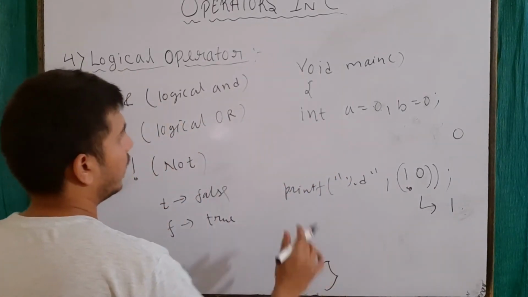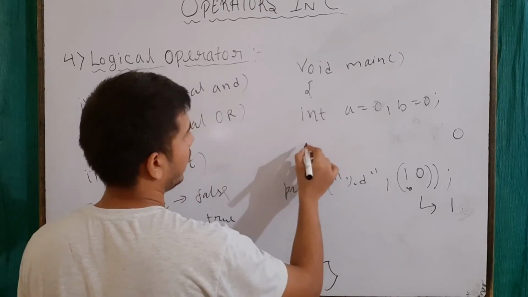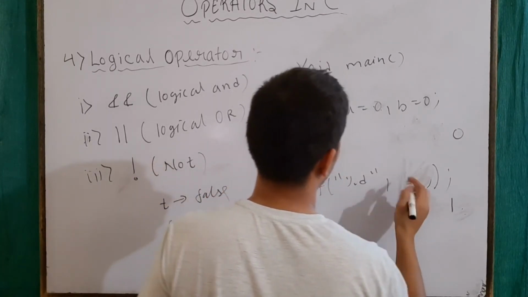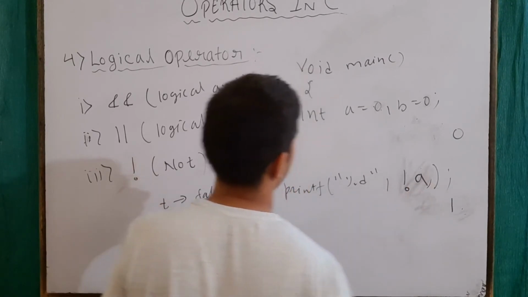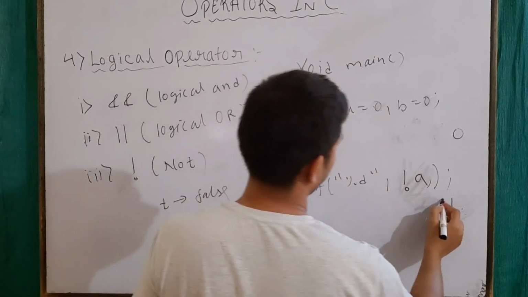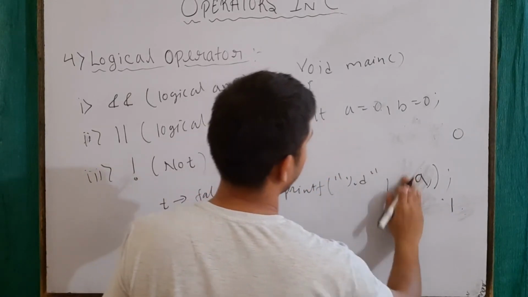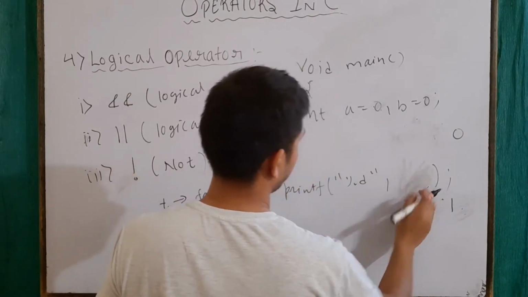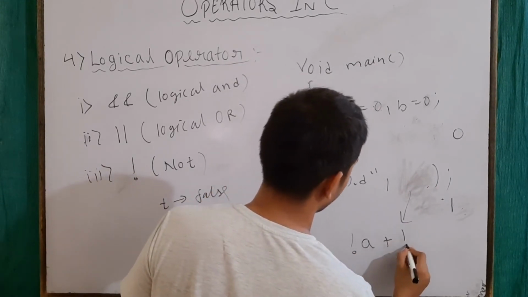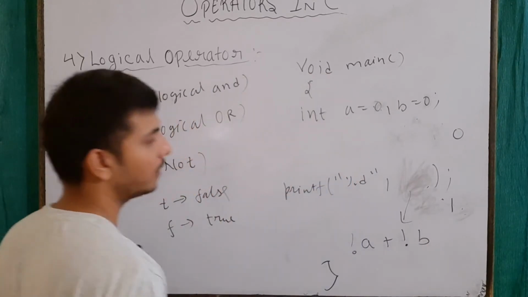Let's say I am writing here NOT of a. Now NOT of a will give me 1. Let's say I am writing something really good: NOT of a plus NOT of b. What will be the output now?